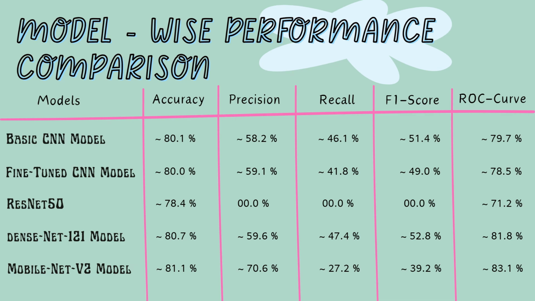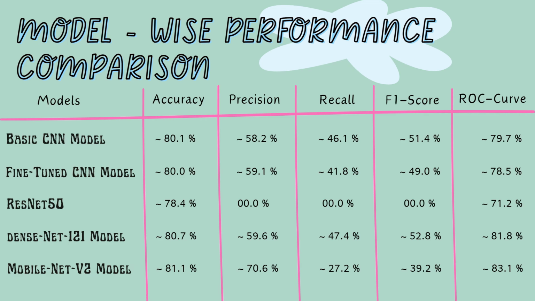However, notice the recall values? They are relatively low across all models, ranging from 27% to 47%. This means we are missing some pneumonia cases, which is something we need to improve in future iterations for patient safety. ResNet 50 struggled with this particular dataset, showing zero precision, likely due to class imbalance during training.